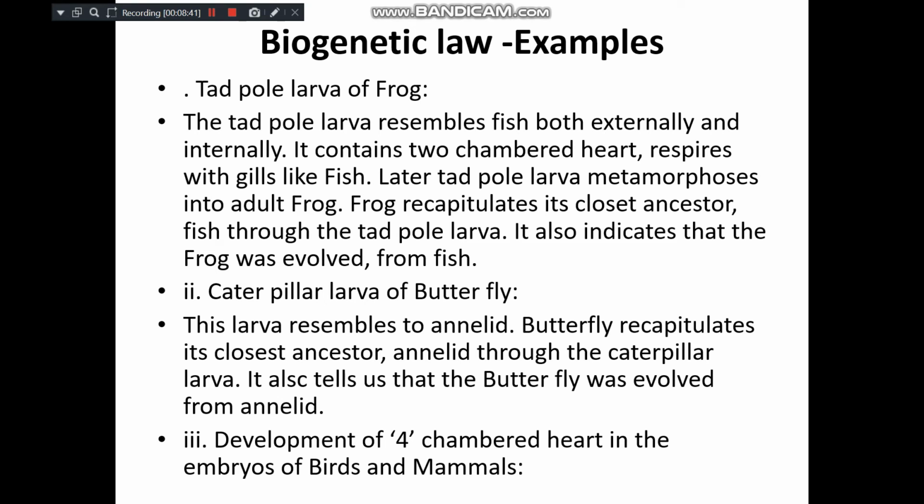Reptiles have an incompletely four-chambered heart, except the crocodile. The crocodile has a four-chambered heart, but all other reptiles have an incompletely four-chambered heart. And if you see the development of birds and mammals, first in the embryo it is incompletely four-chambered, and when it develops into an adult, it becomes totally four-chambered.